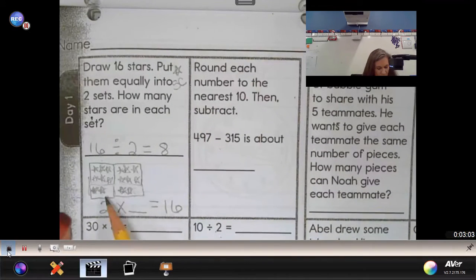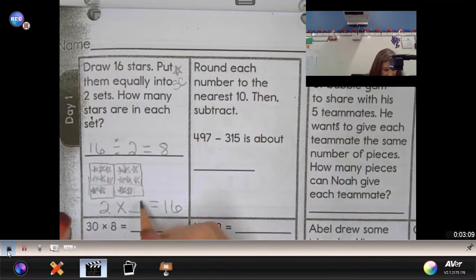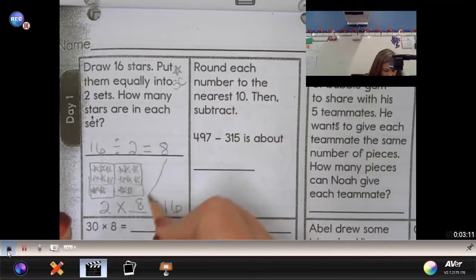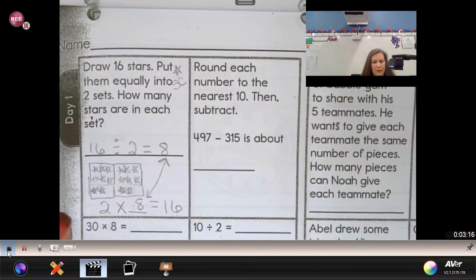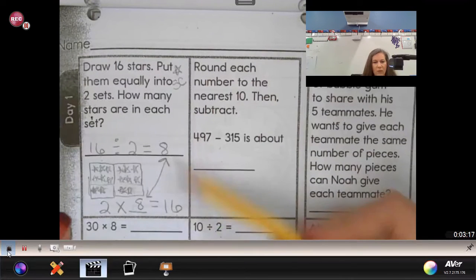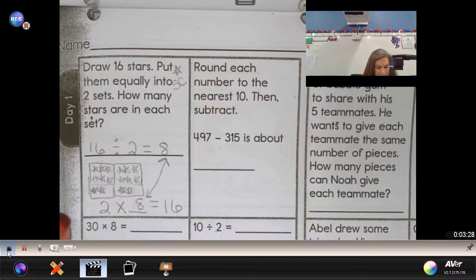So in this case, we know that there's 8 and 8, and 8 plus 8 makes our 16, or 2 groups of 8 is going to give us 16. So this is how division and multiplication are related to each other. Not equal to each other, but related, okay? So we'll talk about that a little bit more during our lesson.